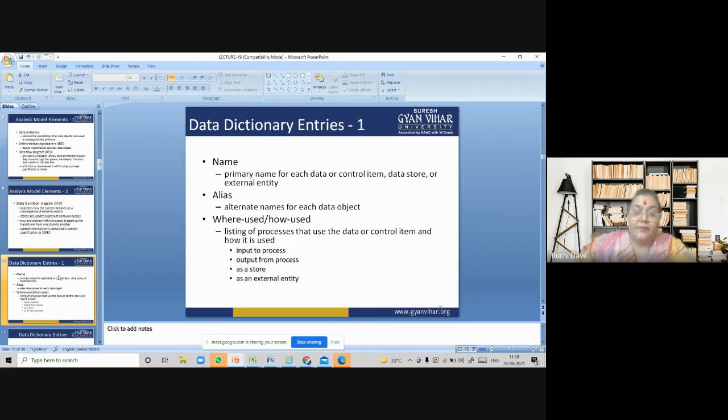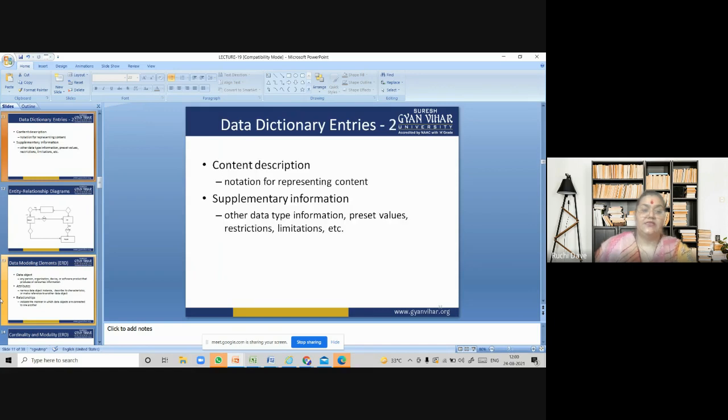That also will be mentioned, which means which input you're using for the process, which output you're getting from the process, what you're using as a data store, and what the name of the external entity is that you are using. So all these entries should go into the data dictionary. Is this thing clear?